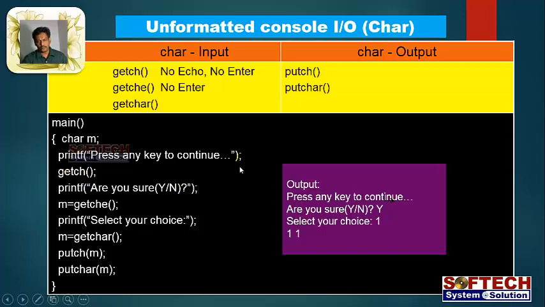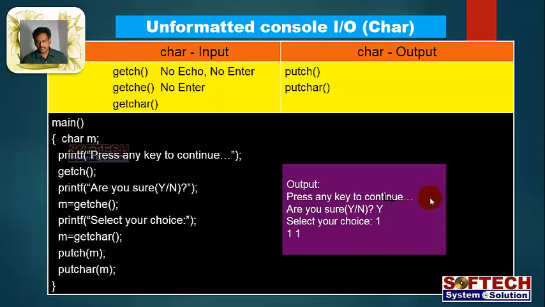So now we want to press a key, a character, through the keyboard. If we press any one character, for example 2 or 3 or K or the enter key, we can press any one button. This is the input to the getch function. It accepts any one character, but the character you press is not displayed on screen.